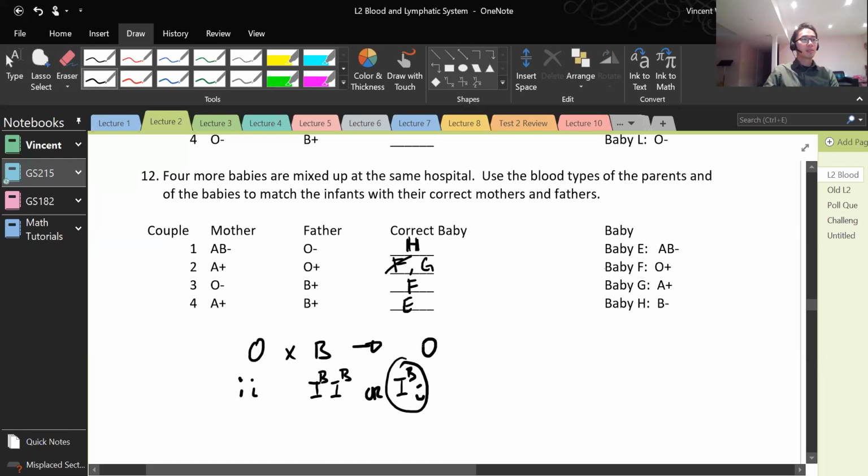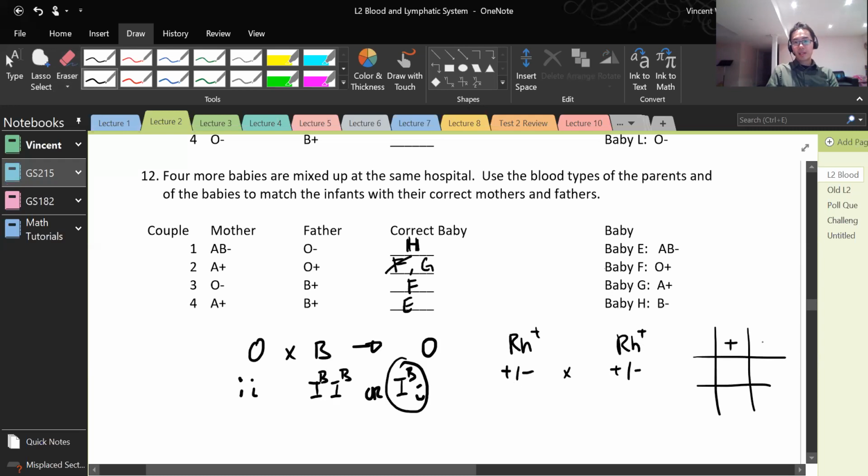Can you explain how two positives can make a negative? Absolutely, for the same reason. If two people are Rh positive, we don't know if they're positive positive or positive negative. If they happen to be heterozygous and you do the Punnett square, let's take a look here.